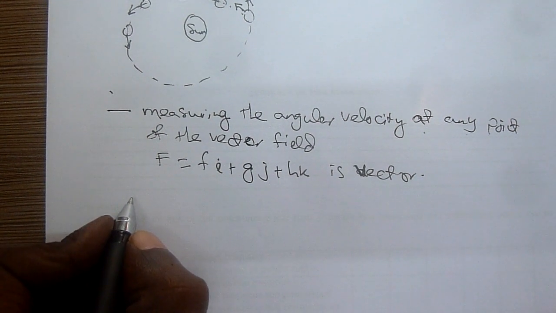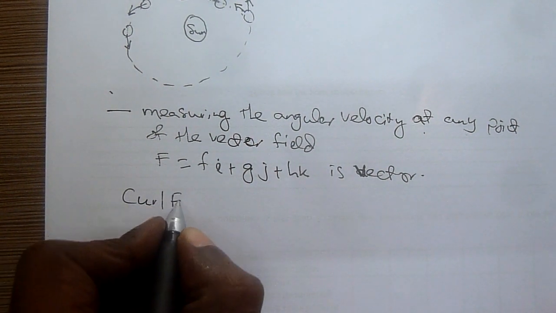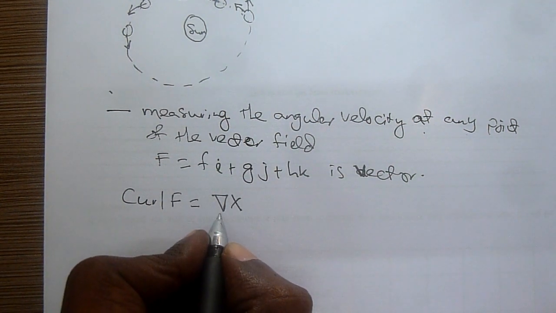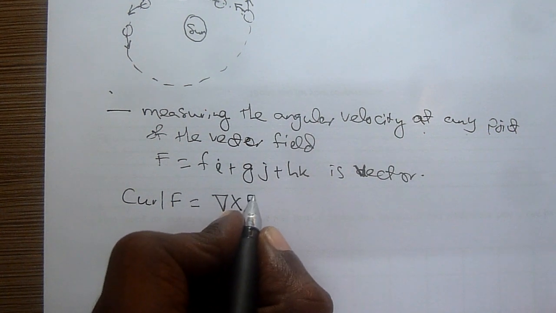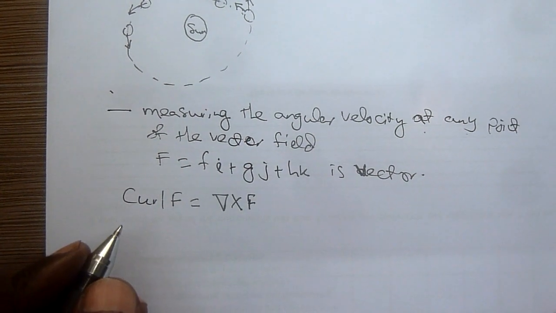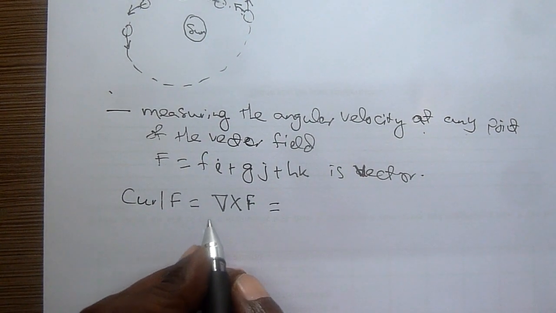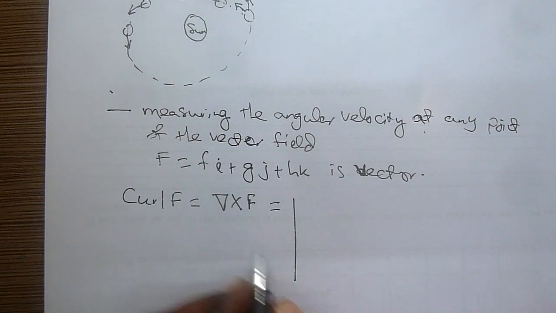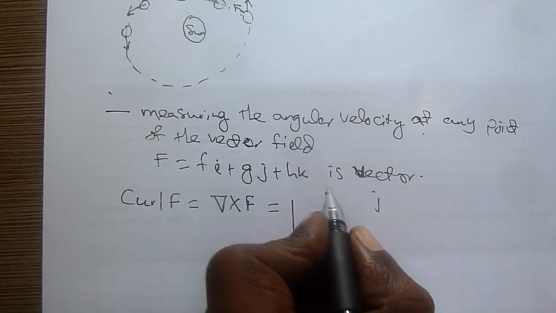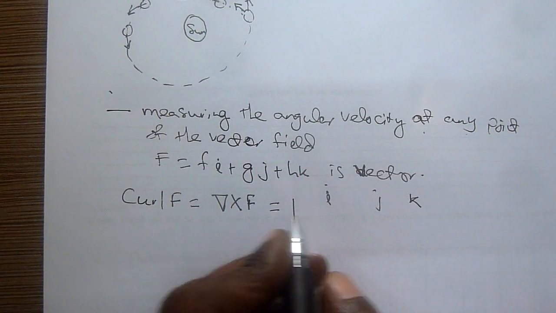Therefore, the curl is defined as curl F, or nabla cross F. For the case of a vector field, you need to use a matrix to calculate.